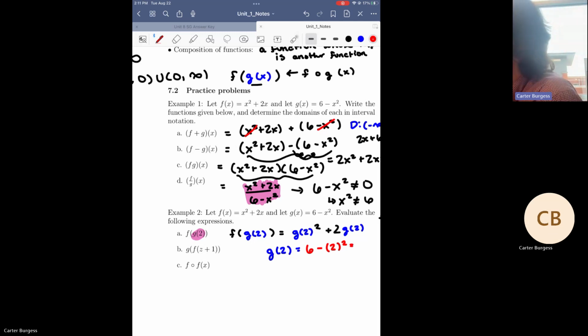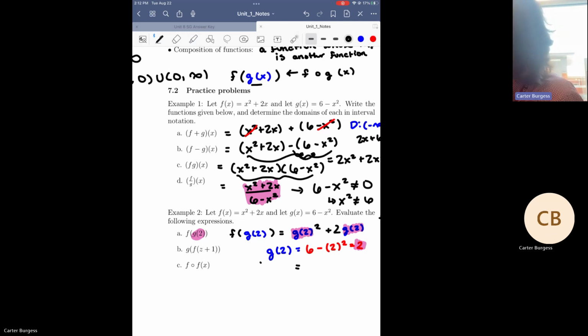This ends up being equal to 2. Okay, so what does that tell me? Well, that tells me that everywhere I see g of 2, I can replace it with what? 2. So those are the same. I could interchange them all I want.